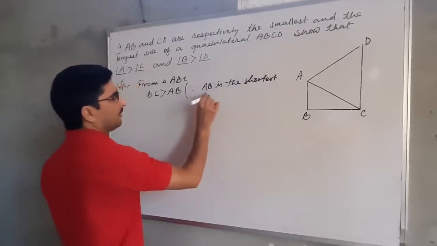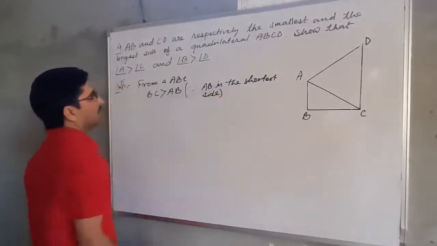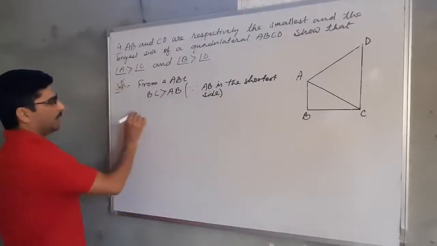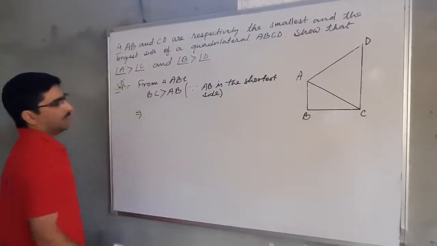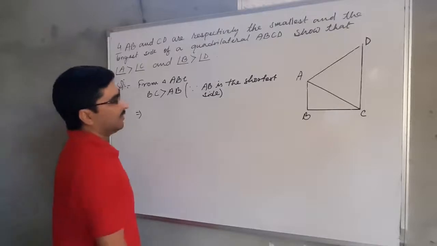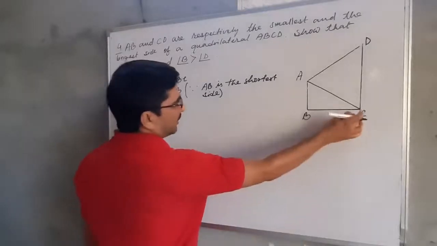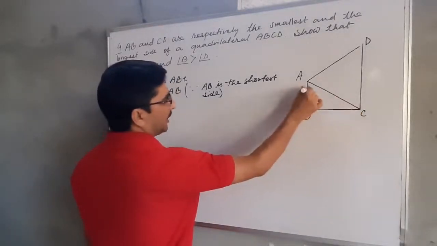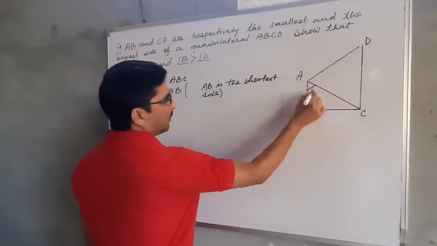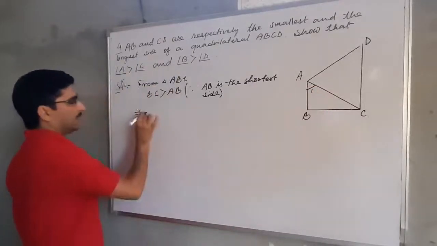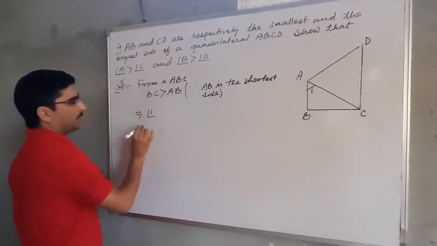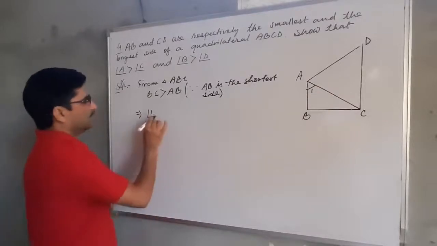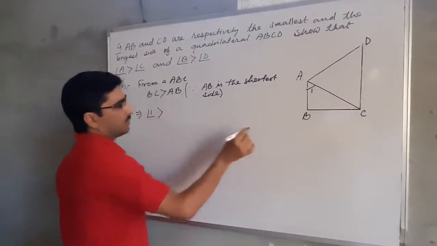It is given. Now the angle opposite to side BC in triangle ABC is this angle, so we mark it angle 1. Suppose this is angle 2.